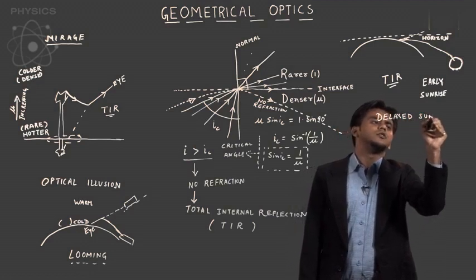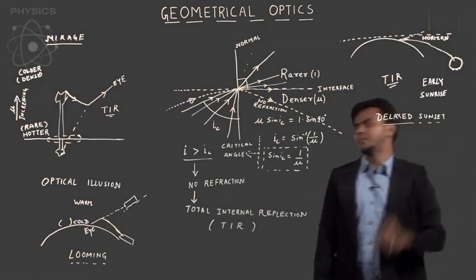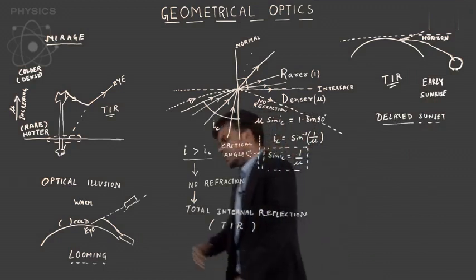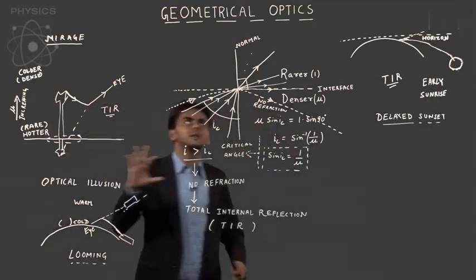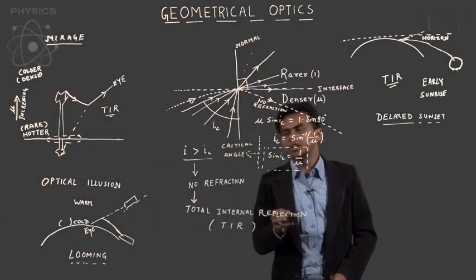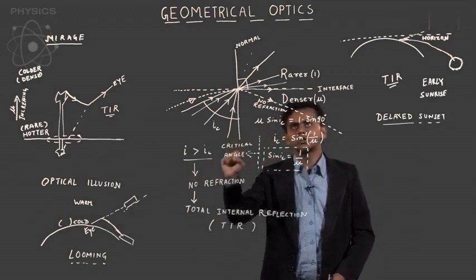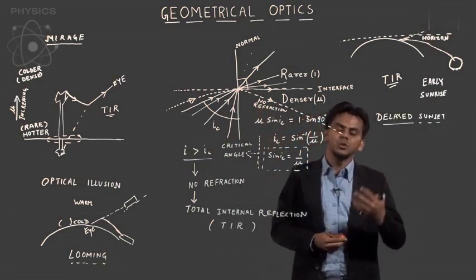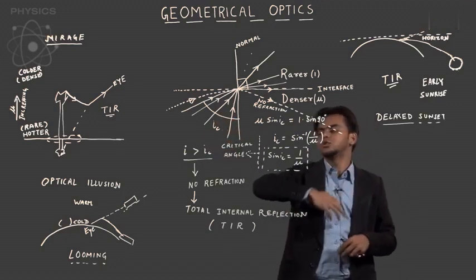So delayed sunset, early sunrise and looming have a very similar sort of diagram, and this is similar to mirage too, and all of these things follow the same thing of TIR, total internal reflection, when i is greater than IC, and this is always in the case of going from an optically denser to an optically rarer medium, which means from a higher mu to a lower mu. It bends away from the normal and gradually refraction goes away, so reflection takes place.